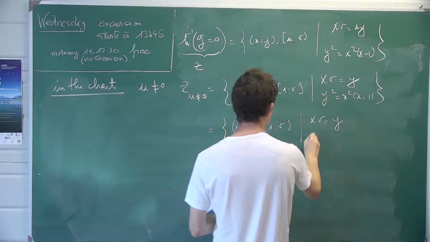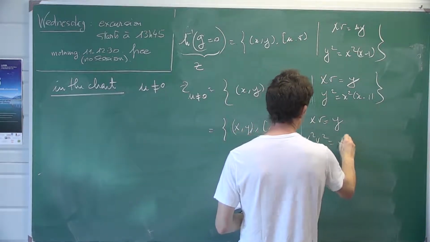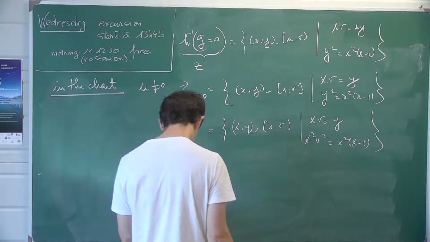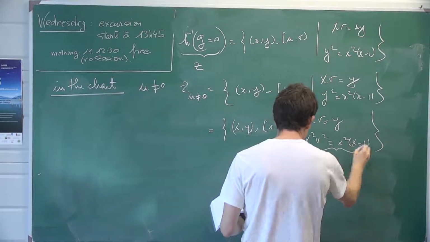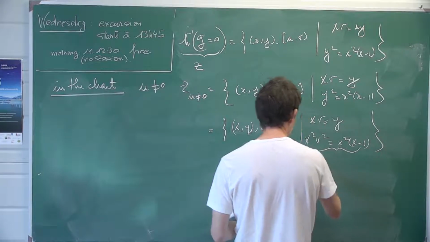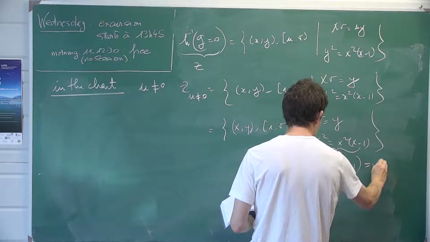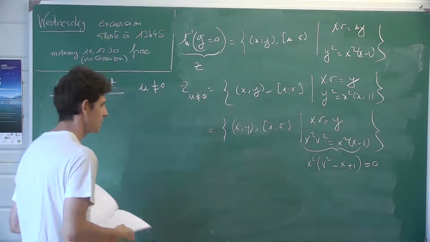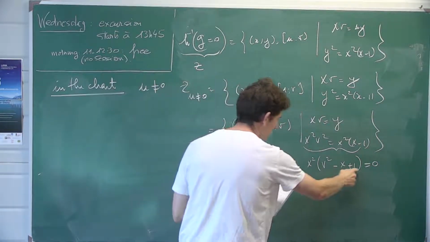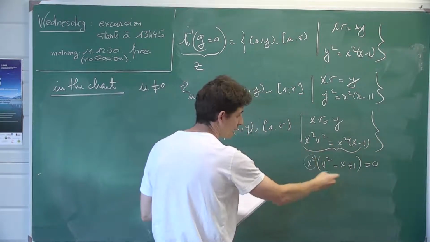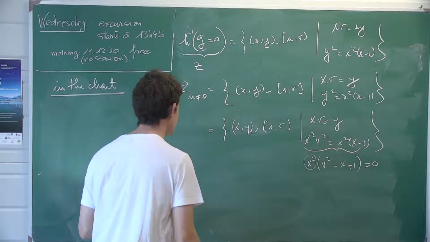So x^2 v^2 equal to x^2 (x minus 1), and this equation is x^2 times (v^2 minus x plus 1) equals 0. So here you can observe that you have a parabola, and here you have the line which corresponds to the exceptional divisor.